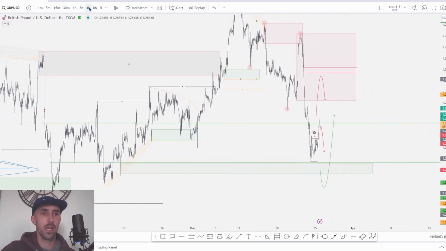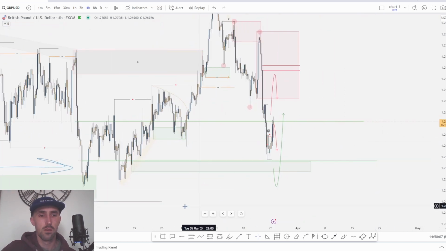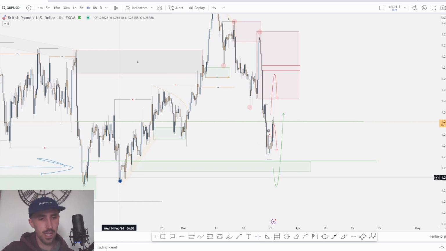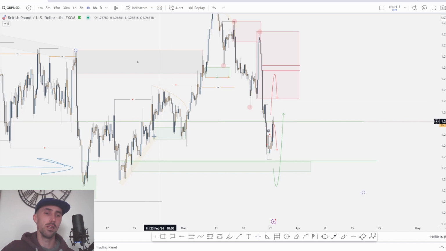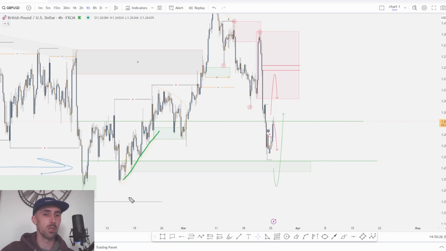Now, on a higher time frame basis, if we go over here, we can see that there is very little in the way of unmitigated order blocks within here, which means we are looking at the sell side origin within here for high volumes of orders. Now remember, if you don't know about the sell side origin, go and check out the liquidity principles videos and you'll be able to learn this.